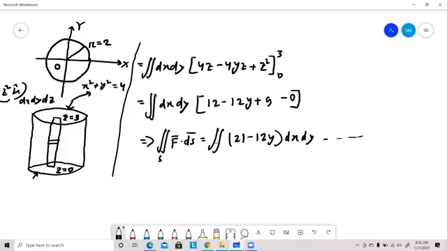Okay, now the question is, in the present stage, what is the geometry of this problem? Circle.